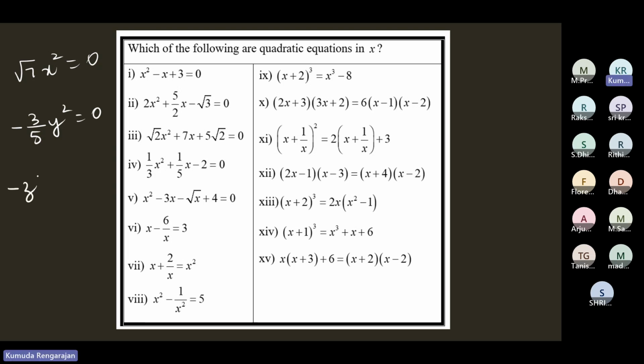Minus z squared plus root 7z is equal to 0 is a quadratic equation in one variable z. Because the power of z is 2, the power of y is 2, the power of x is 2.